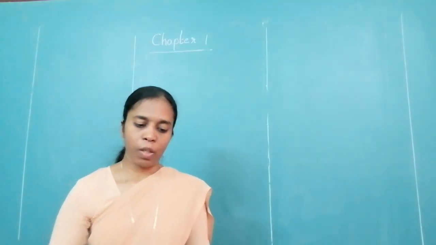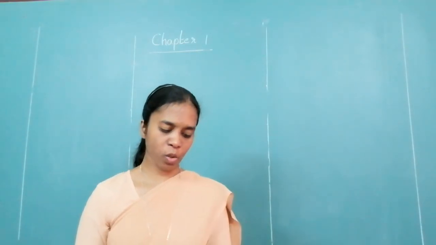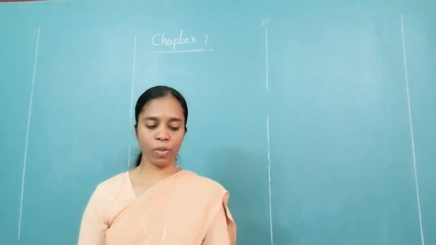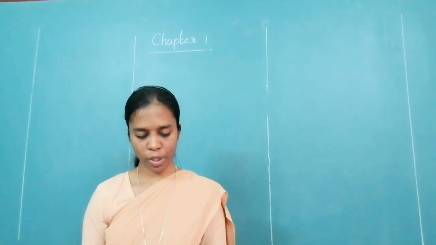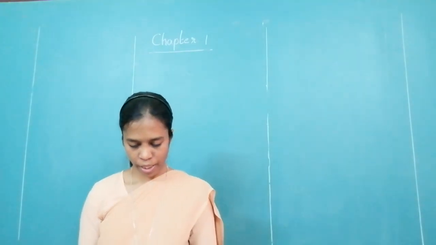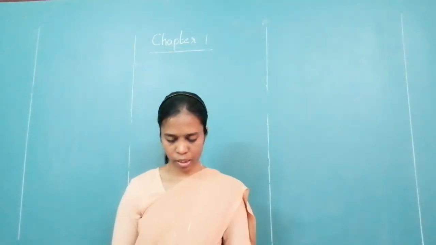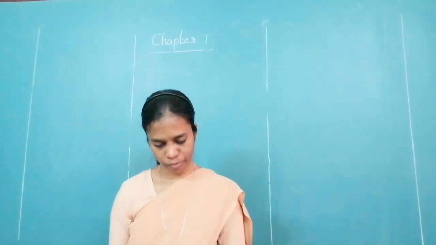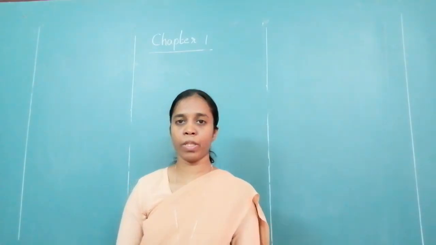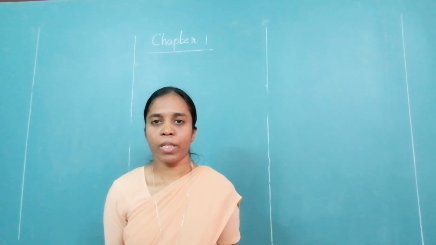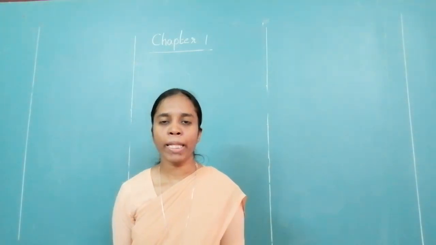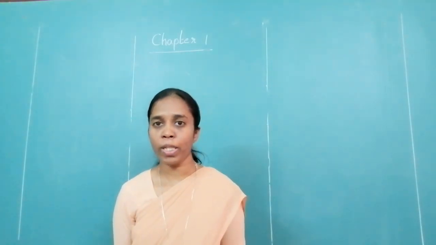Now, there is a little part remaining over here, that is congruent of segments, congruent of angles and congruent circles. Very simple. What do you mean by congruent? Congruent means equal. Now, congruent of segment.